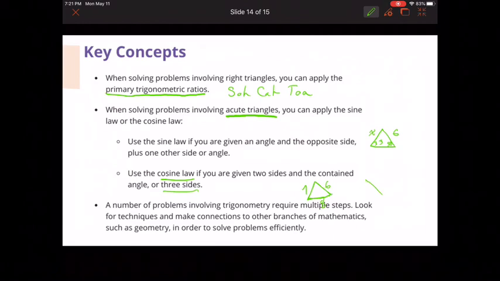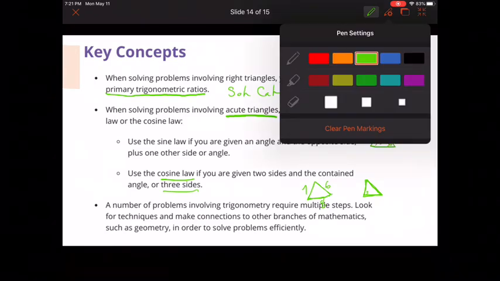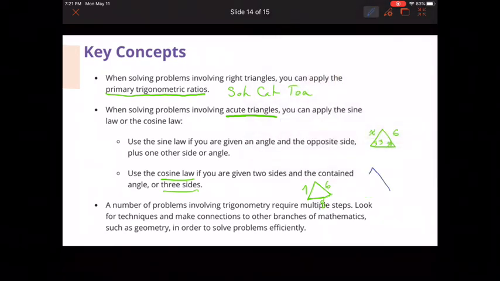So cosine law, that's not a right angle. If you are given kind of a middle angle between two sides, then you're also looking at a cosine law, where you have to use cosine.